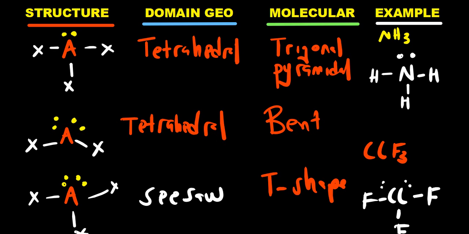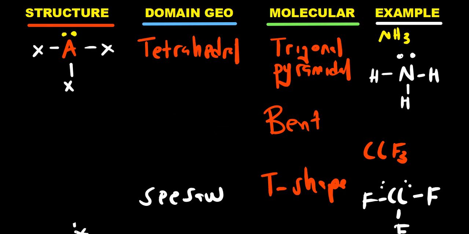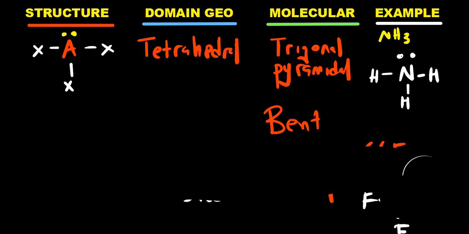Then we can also talk about another one. How can we manipulate this one? I think we've exhausted all our chances. Let's say now this A is connected to 5 things. No, we've talked about 5 things. Let's now say it's connected to 6 things.